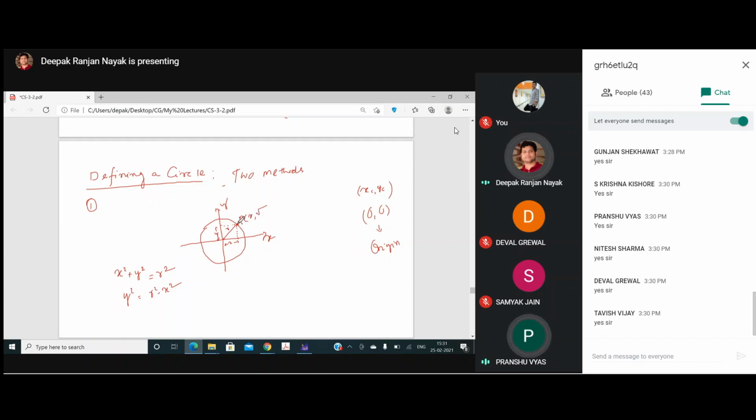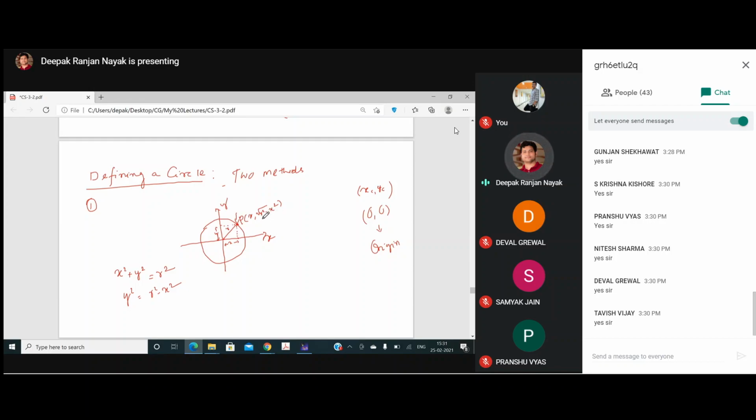Very good. So this is the point P on the circle. If you know the X value, or if you can sample the X value, you can calculate the Y value.